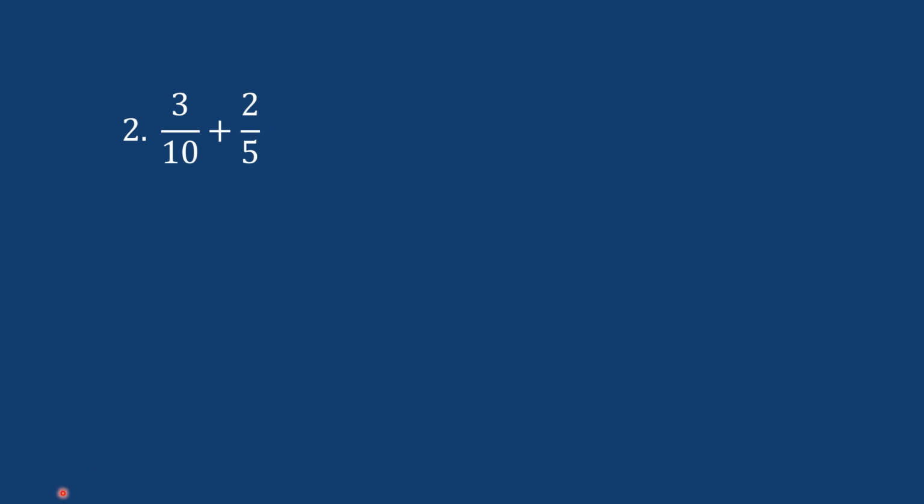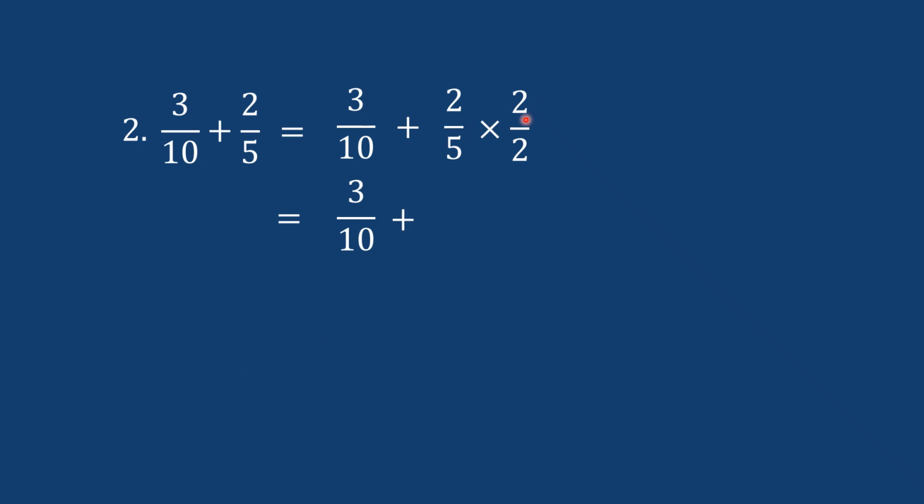So this is now equal to 3 over 10 plus 2 over 5 times 2 over 2. This is now equal to 3 over 10 plus 2 times 2 is 4, 5 times 2 is 10.